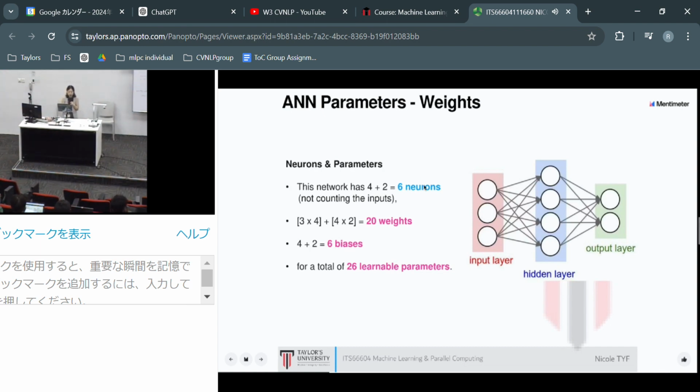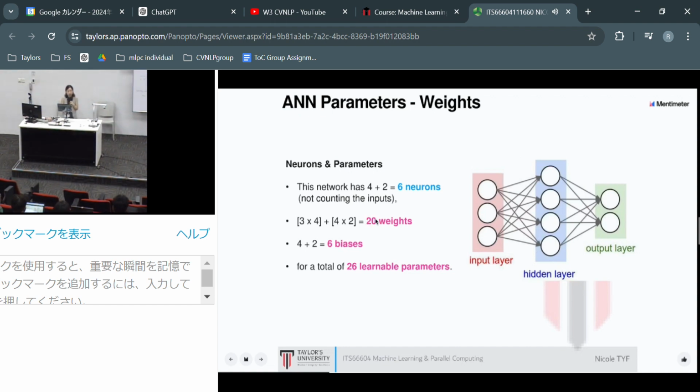From here, if we have 3 plus 4 plus 2 neurons, the total weights that we are trying to learn will be altogether 20 weights. So, 3 by 4, 4 by 2, because we know that every single neuron is interconnected to one another. Okay, so altogether here we have 20 weights.